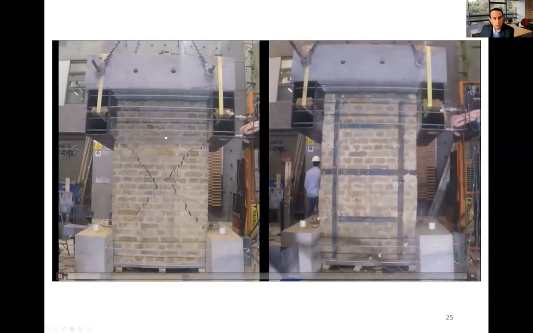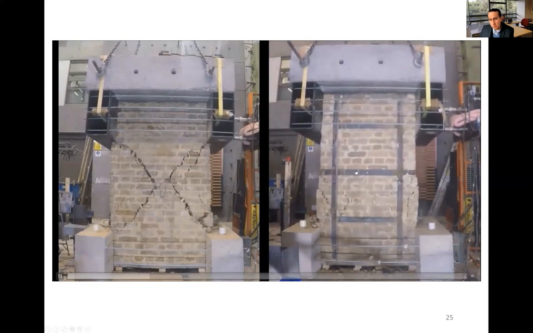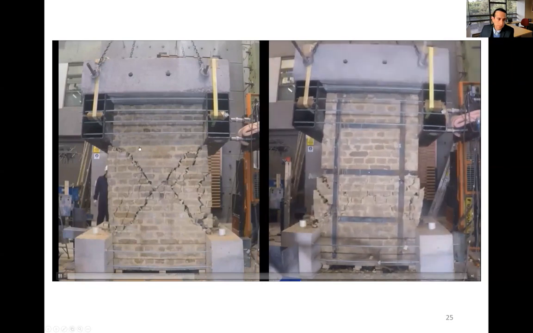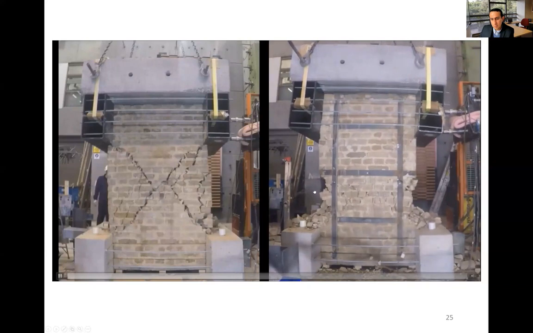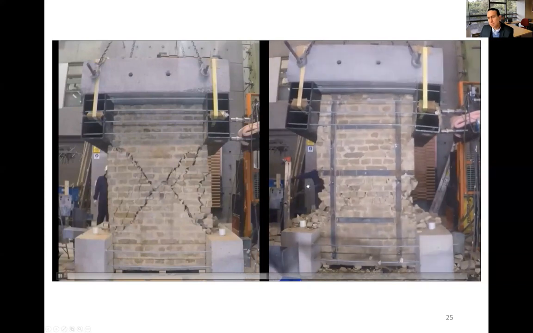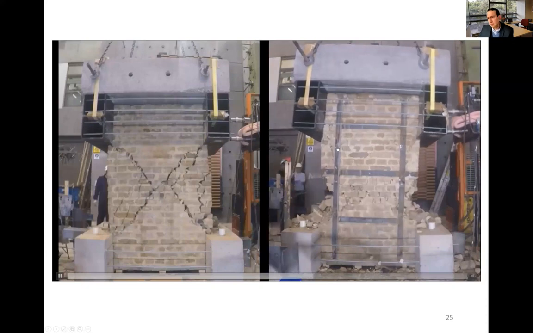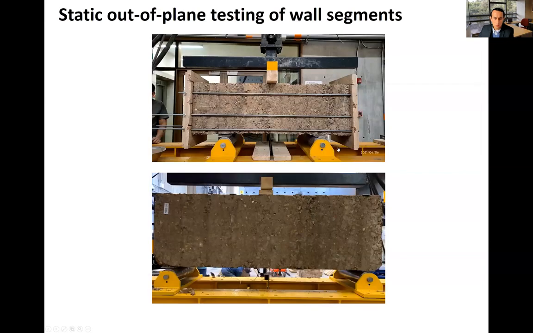This is without the retrofitting, and here we put some plates, and you see how these plates prevent these large cracks from appearing. We have damage in the lower part of the specimen, but in general the deformation capacity is much higher than the other wall.